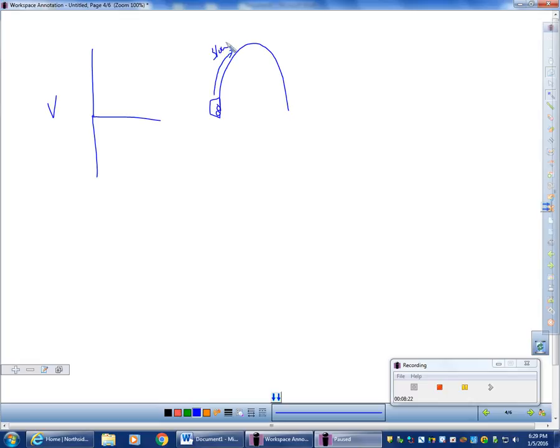Once you hit about the midpoint, you would want to accelerate or speed up through the turn. This is a good representation of a displacement versus time graph. I can see that I'm slowing down as I move away in the positive direction, and then I can speed up as I move back in the negative direction.